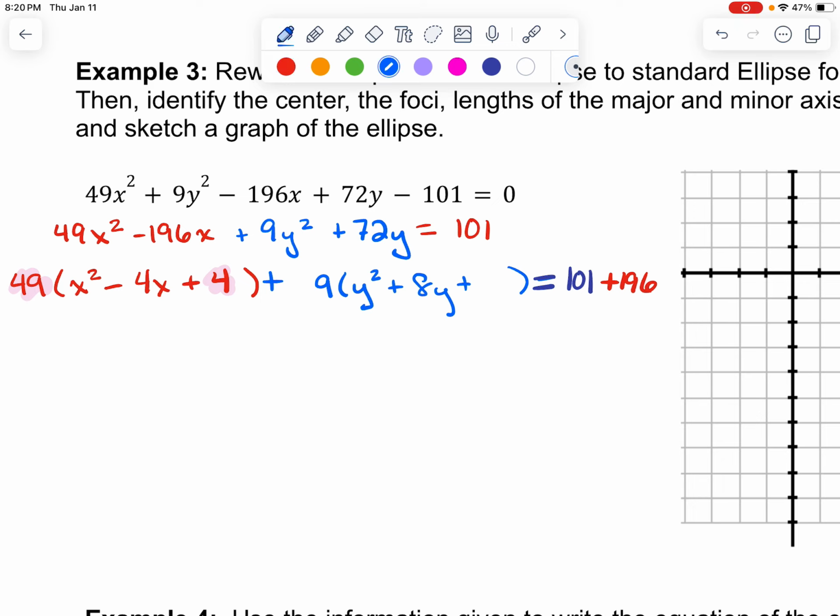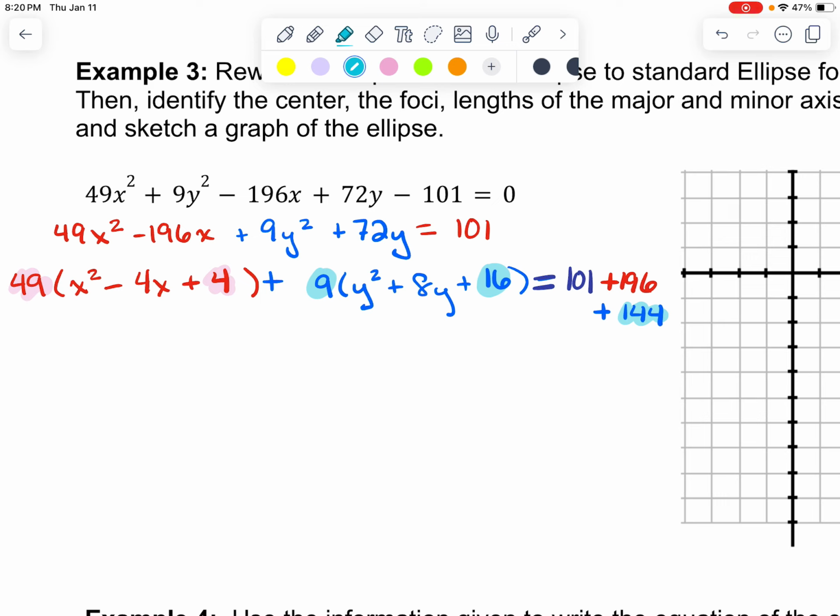Let's do the blue ones. So for the y values, 8 divided by 2 is 4. 4 squared is 16. We're adding 9 times 16. If we do it on the left, we have to do it on the right. So this part right here was 16 times 9, and that's why we're adding 144.